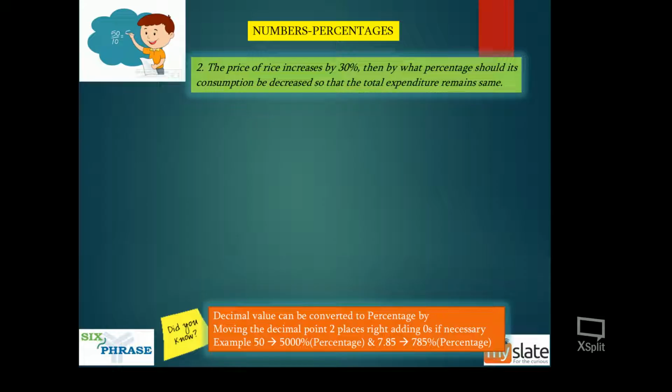Now, can you get 2 kgs with 100 rupees when the price is 75 rupees per kg? It is impossible, right? 1 kg costs 75, so 2 kgs will cost 150. So obviously you will have to settle for less than 2 kgs.